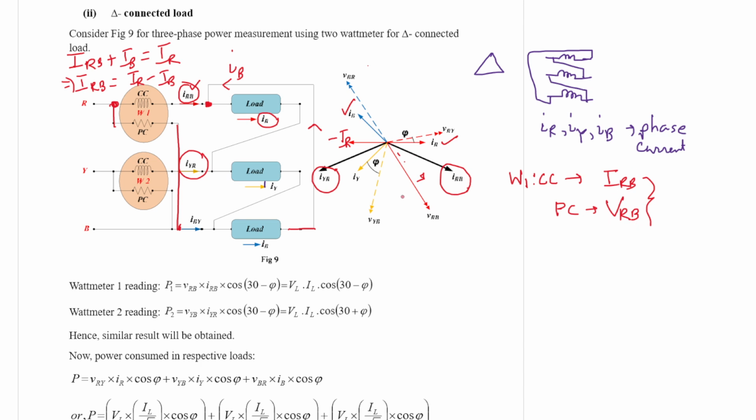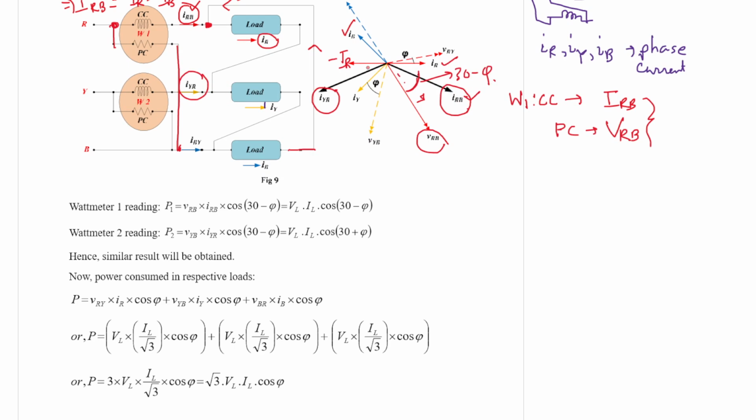Where VRB is this and IRB is this, the angle between them should be 30 minus phi.